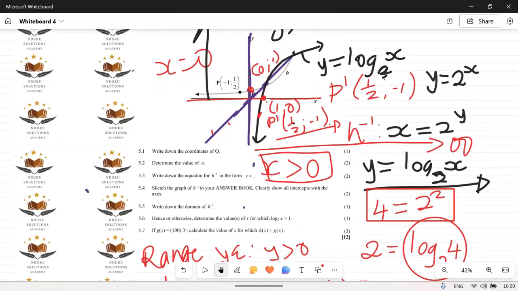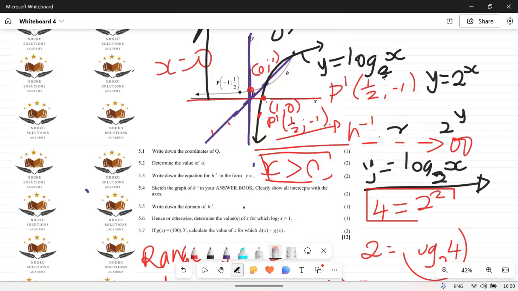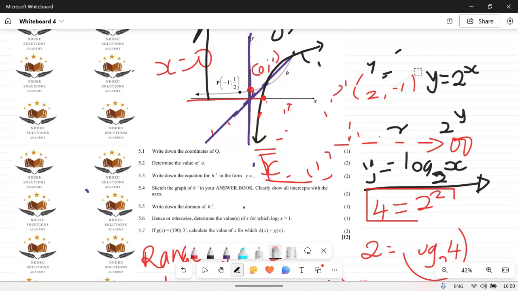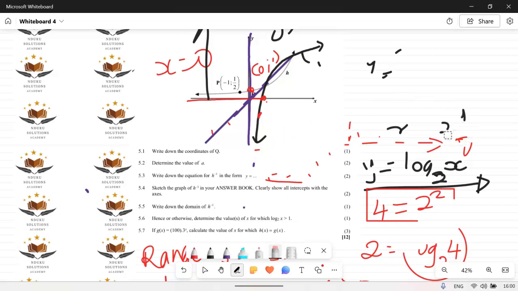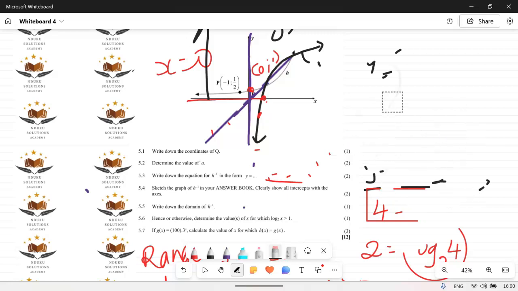Let me just erase some of the parts that are not important for this question, so that people don't get confused. Good. So things can be a bit cleaner this side.